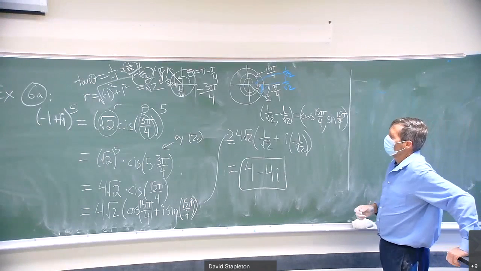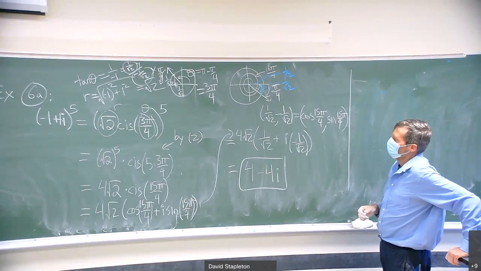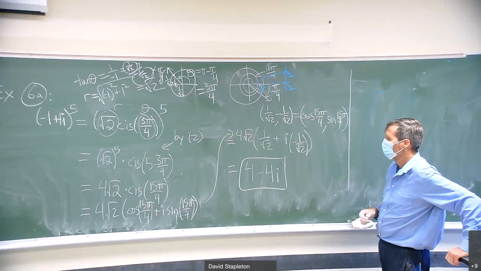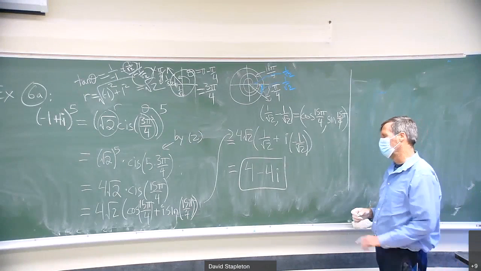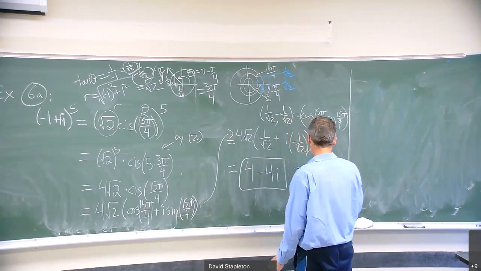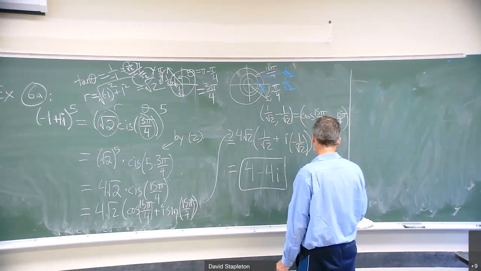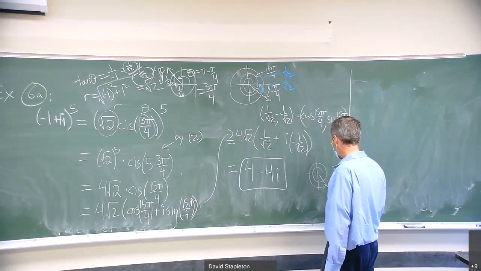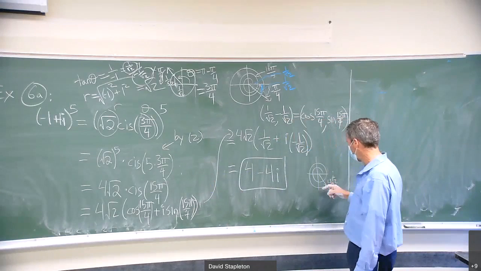Okay, so there's calculating a power of a complex number. You could figure this out from its polar form too. Just have to figure out, rotate around 15 pi over 4, takes you all the way around like this, and then go out 4 square root 2 units. And you can figure it out.